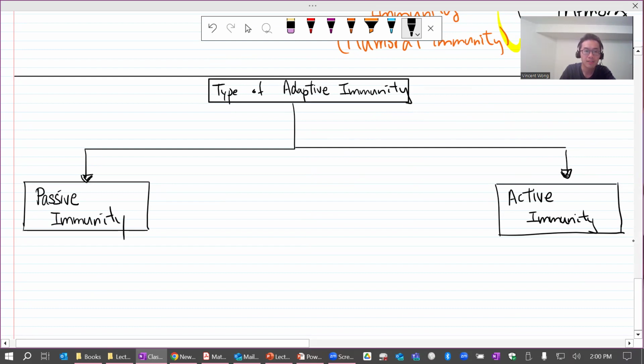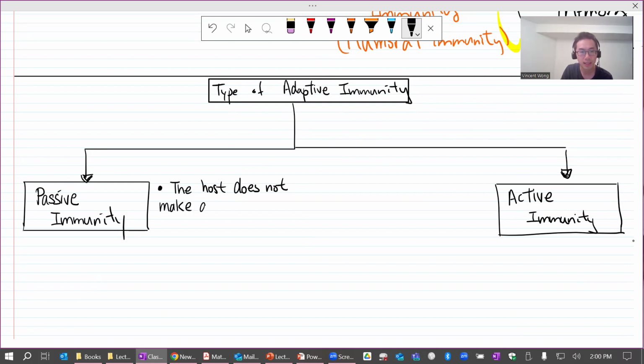Okay, so passive immunity means the host, which is us, the person getting infected, does not make antibodies.